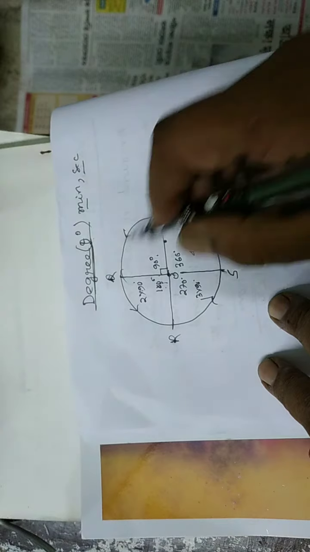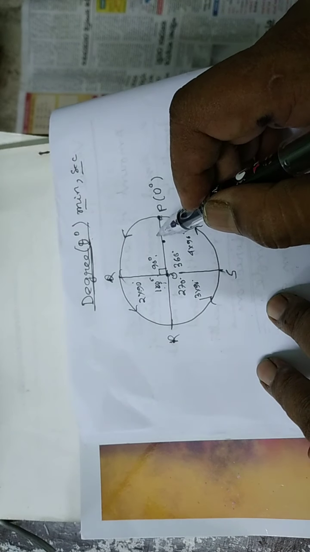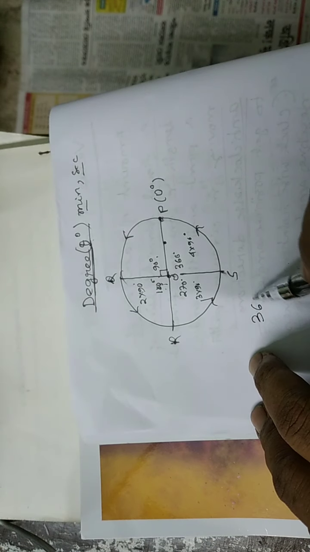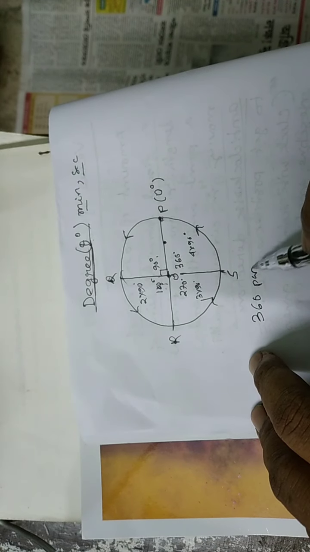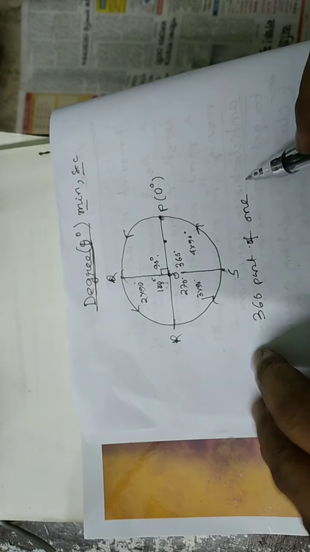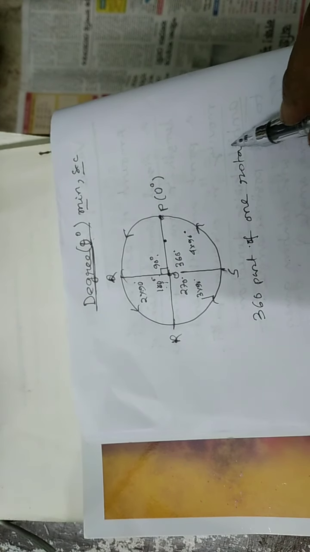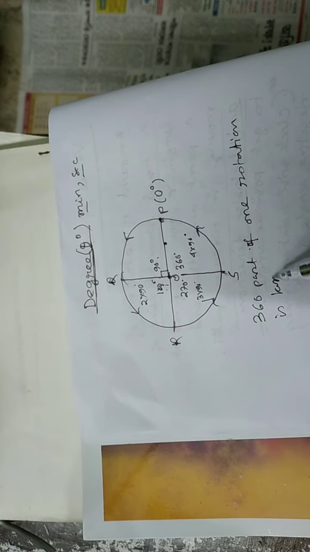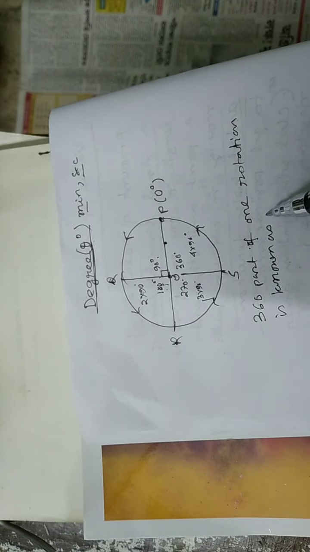That means the total circle is divided into 360 small parts. So 360th part of one rotation is known as 1 degree.